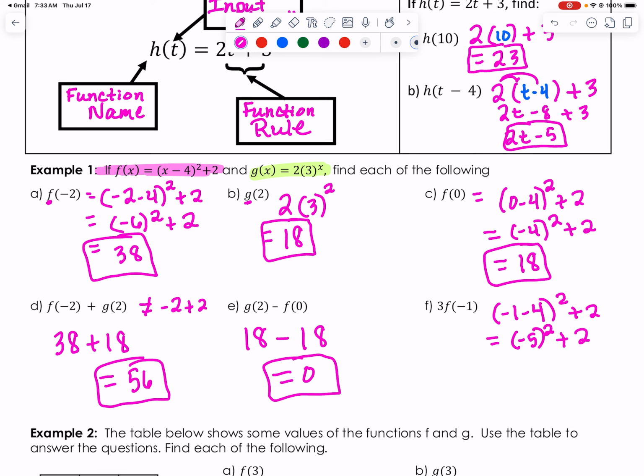Now negative 5 times negative 5 is 25, and 25 plus 2 is 27. So we found f of negative 1, but the question asks us for 3 times f of negative 1. So 3 times 27 would be 60 plus 21, or 81.